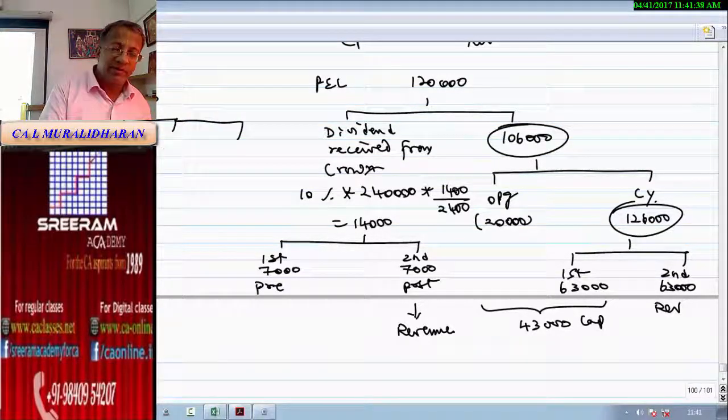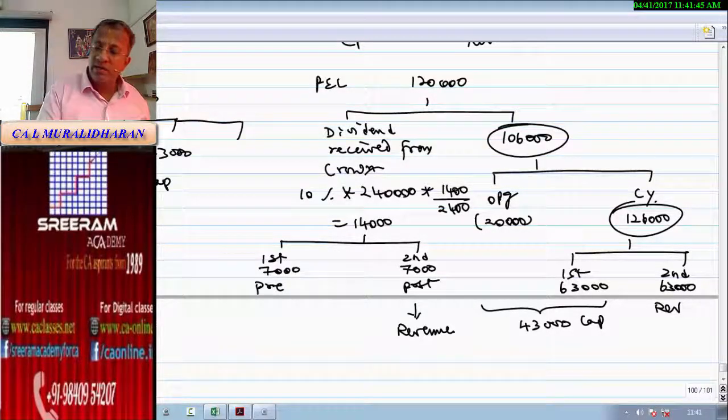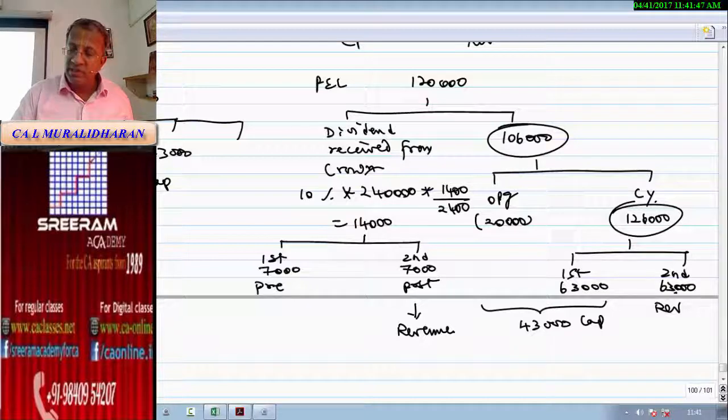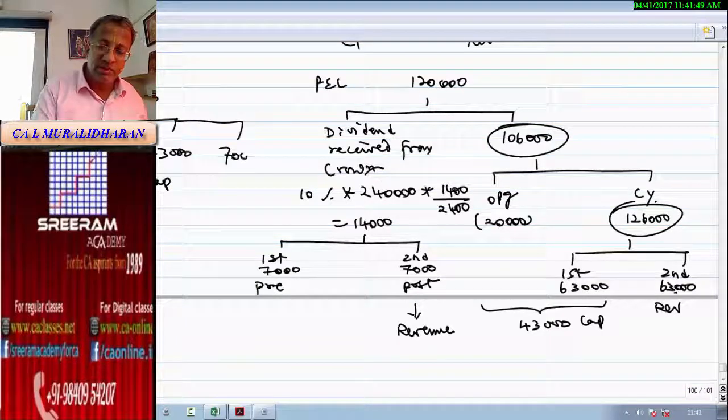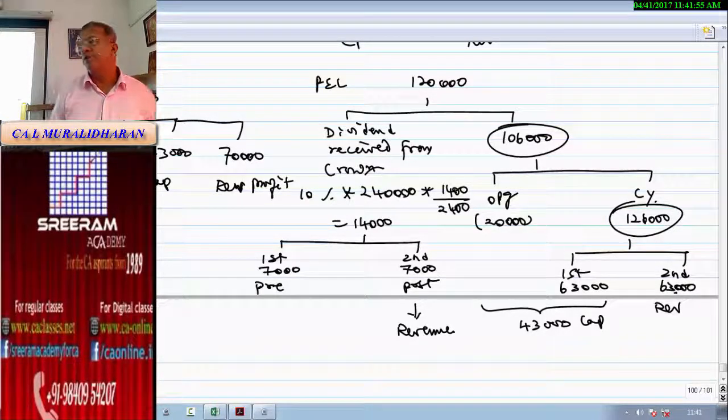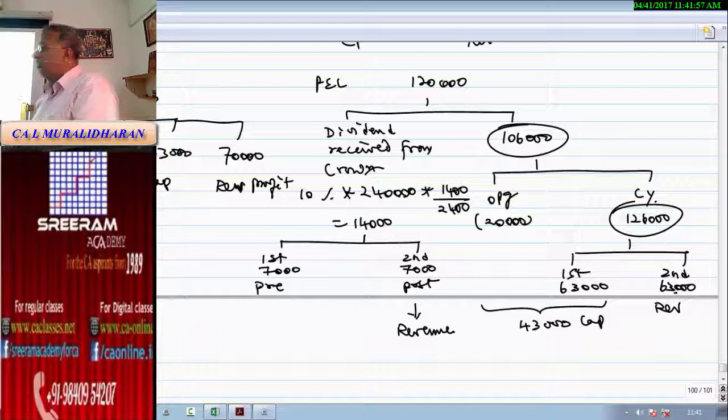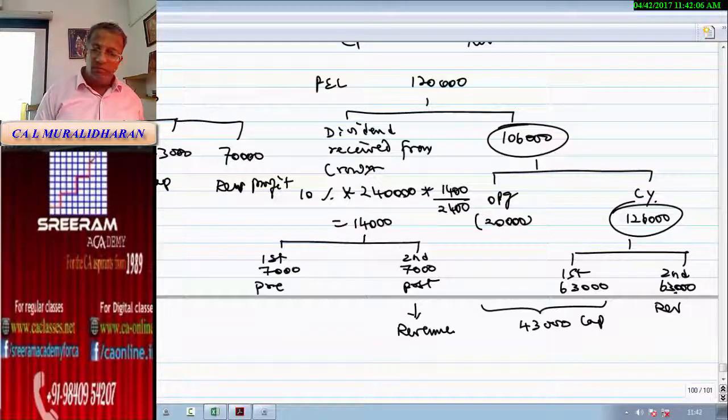How much is capital profit? 43,000 capital profit, and 63 plus 7, 70,000 will be revenue profit. This is the sharpest way of bringing out classification, like how we have done in the case of angle, bolt and canopy.